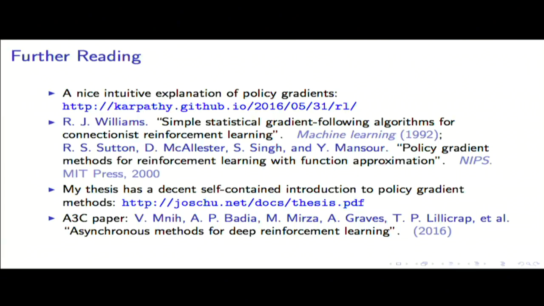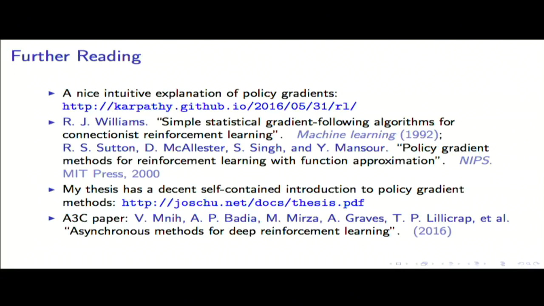The Williams paper is the classic paper in the reinforcement learning literature about policy gradient methods. It actually has a lot of ideas which were later rediscovered. The notation is pretty different from the modern notation, and a little bit unwieldy, but the paper has a lot of nice ideas in it.